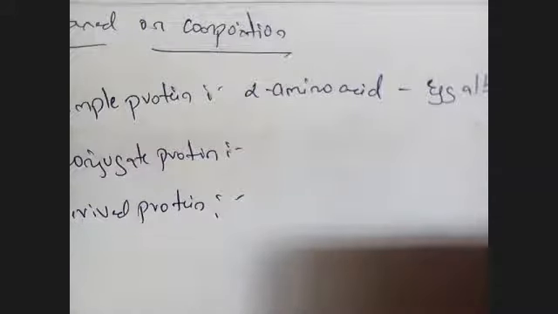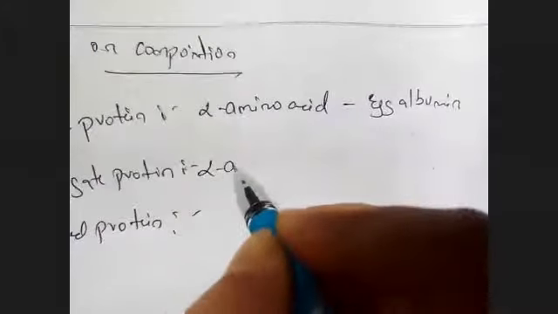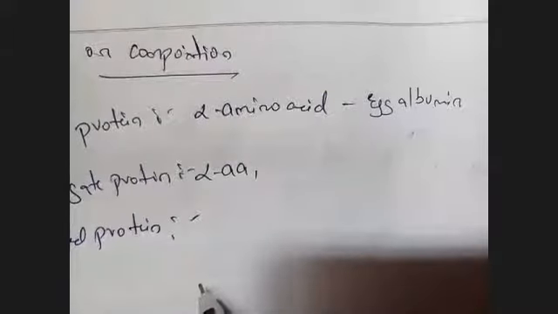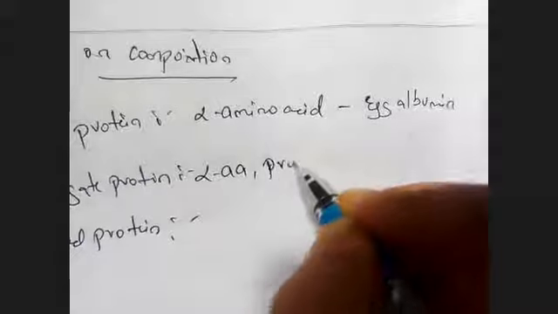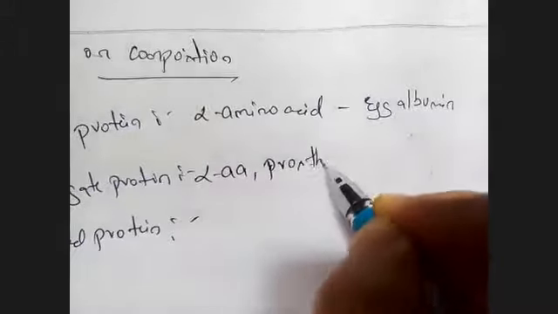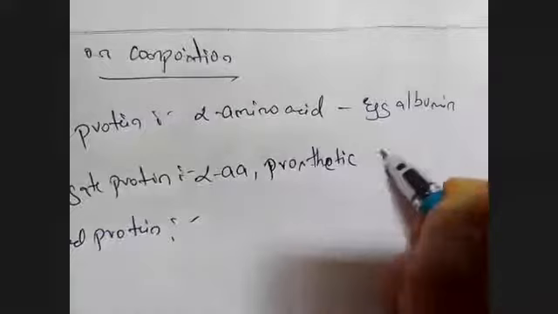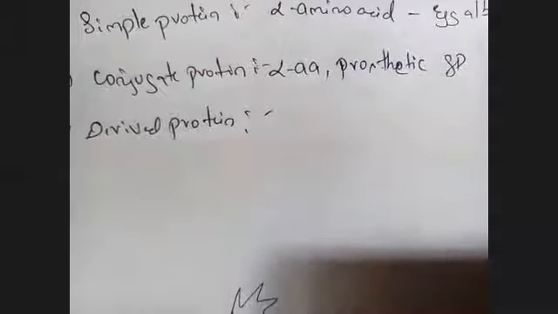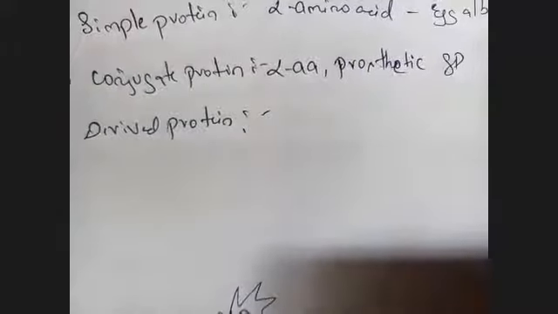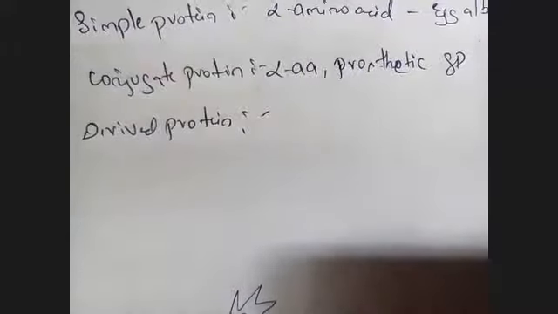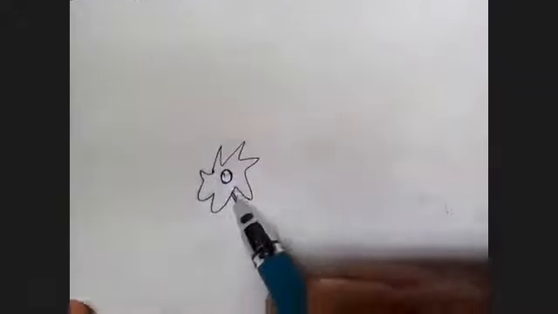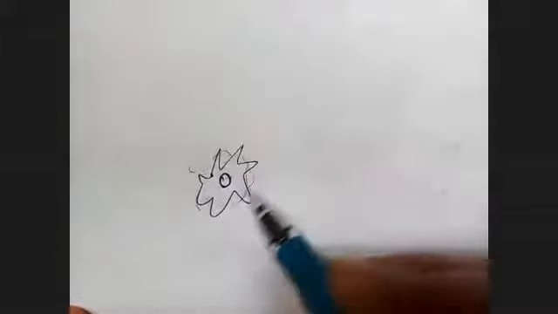So what do you mean by conjugate protein? Conjugate protein means that along with your alpha amino acid, a prosthetic group is present. What do you mean by prosthetic group? See, this is the chain of your protein. In between that, any metal or electronegative compound. So this is some structure of amino acid.